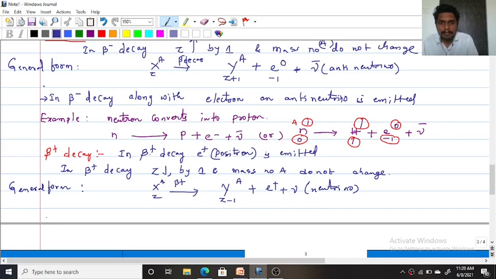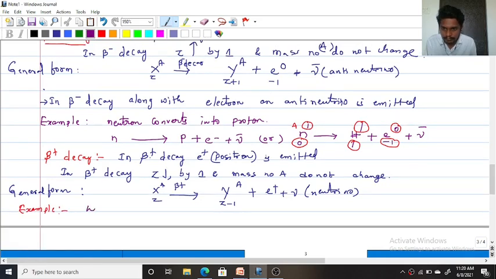Here I'll give an example of this type of decay. When a proton converts into a neutron, sorry, it is the reverse process.